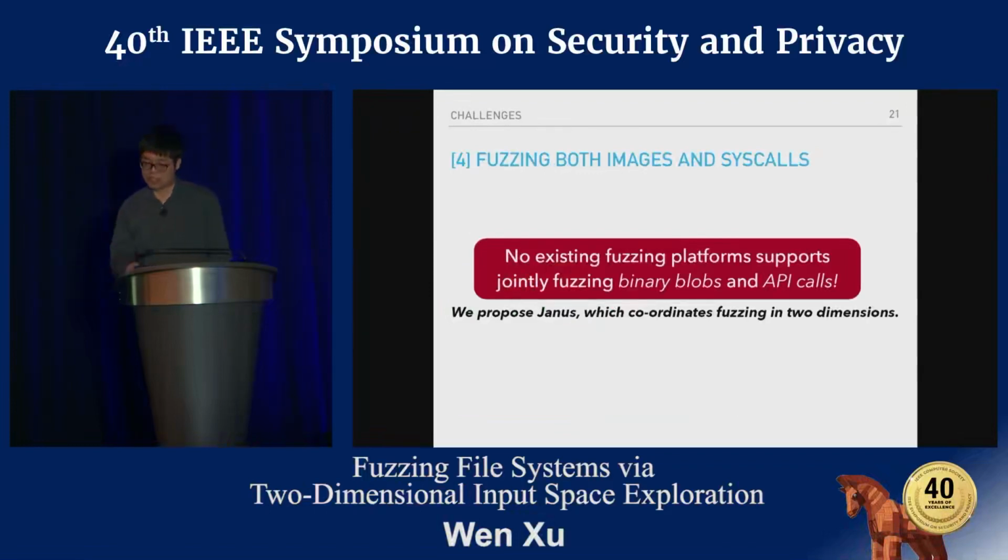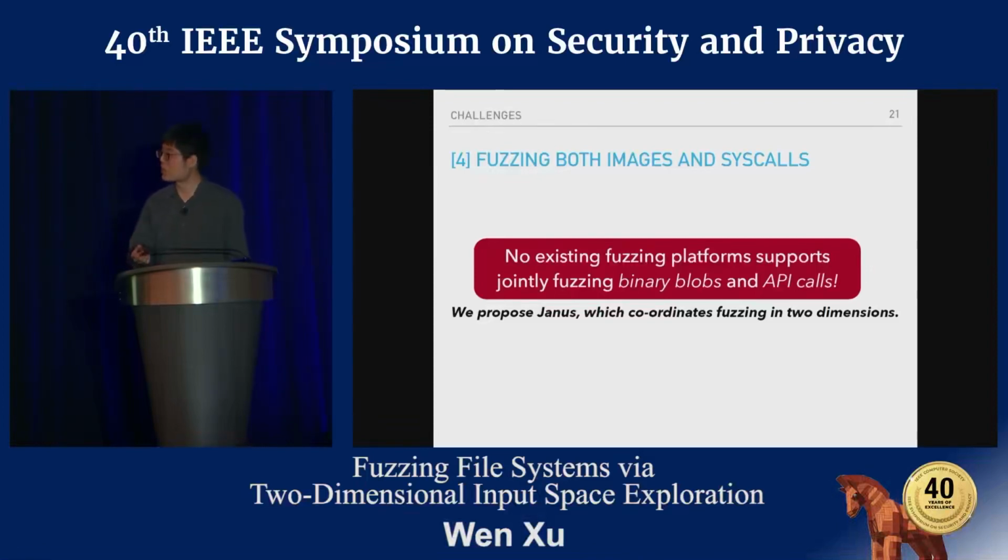And the last challenge of doing file system fuzzing is that, in fact, no existing tools can fuzz both binary blob and operations at the same time, which in fact are the two-dimensional input for file systems.